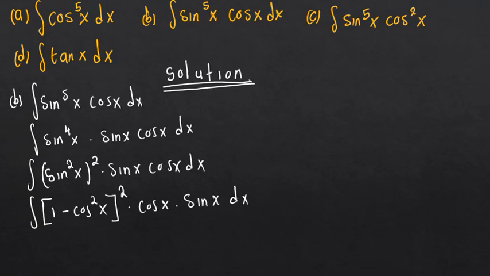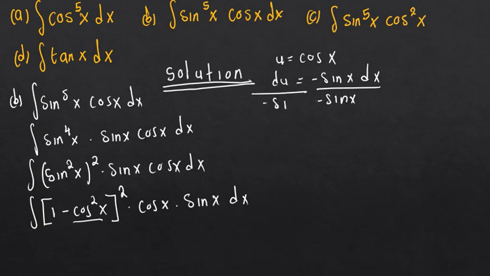Now notice that we can let u equal cosine x, so that du can now equal negative sine x dx. If we cancel both sides, we have sine x, we have sine x. So meaning our dx is going to equal du over negative sine x.